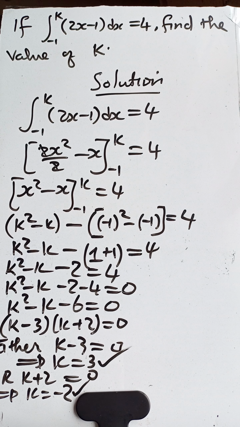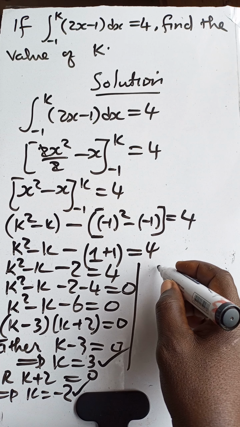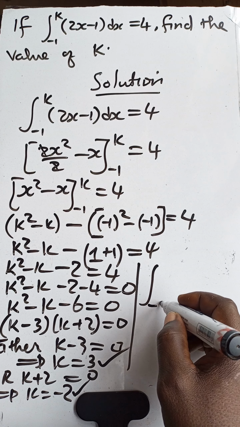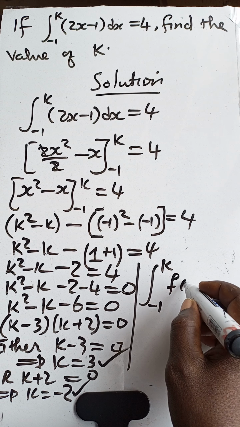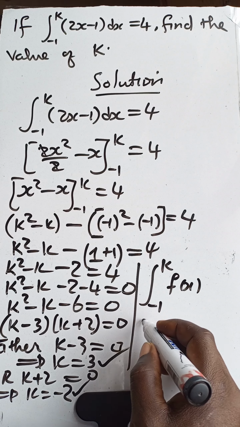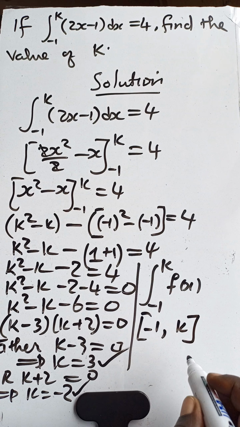But if we look at our limits of integration, we're integrating from -1 to k of our function. This means that the interval of integration is from -1 to k.